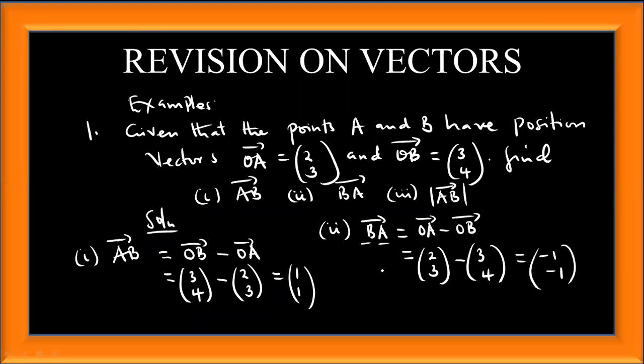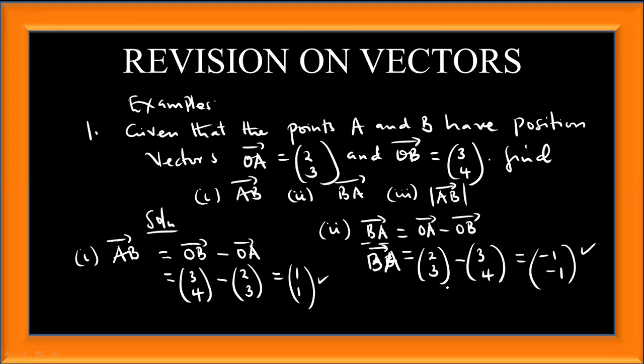What is the relationship between vector AB and vector BA? We realize that vector BA is the negative of vector AB, because you see negative, negative, and then positive, positive of the same coordinates.